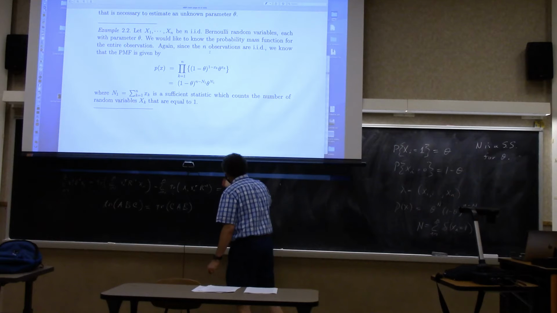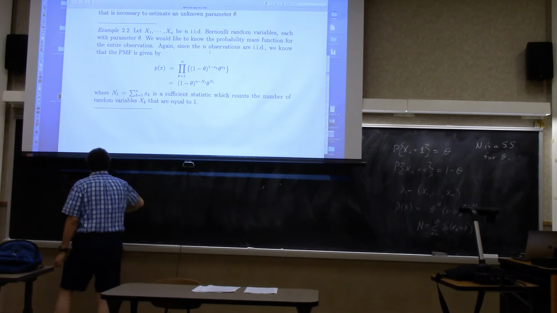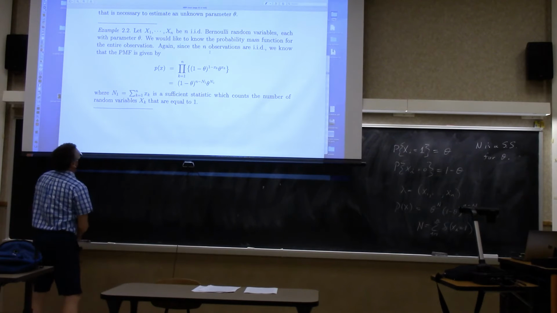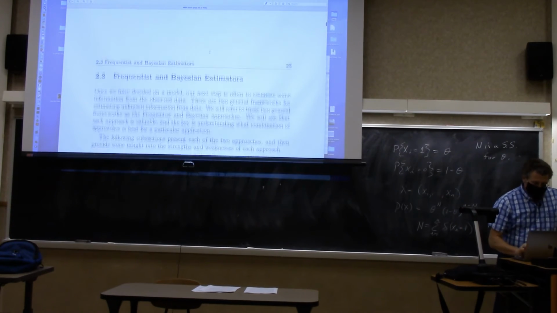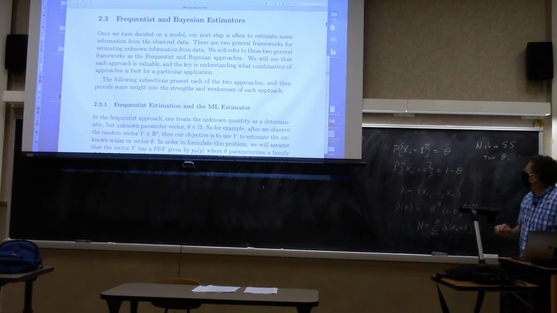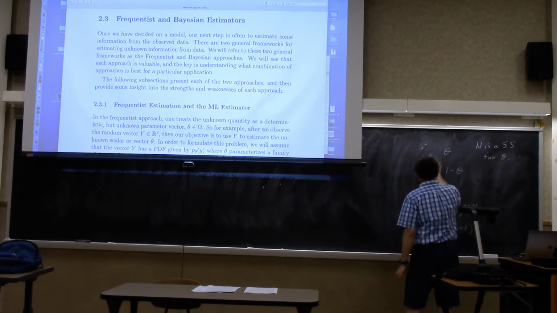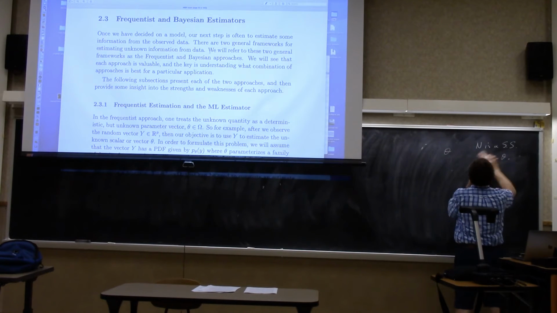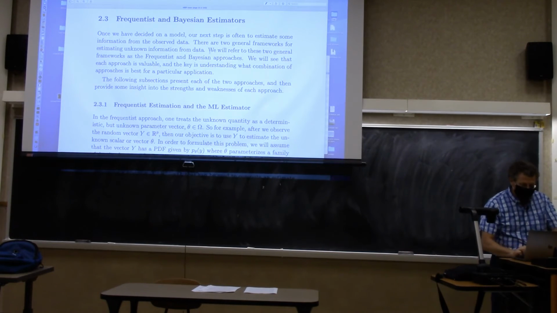So in a Frequentist framework, okay, this is the fundamental point of the Frequentist framework, which is that you assume you perform the same experiment independently n times in a row, okay?